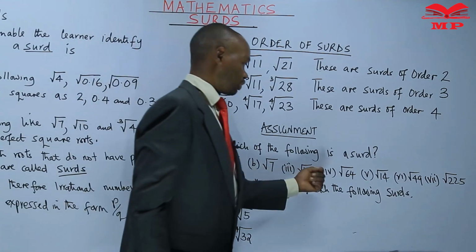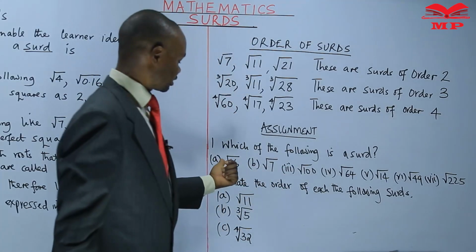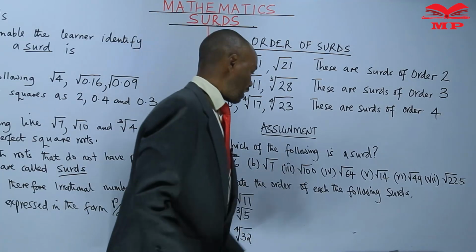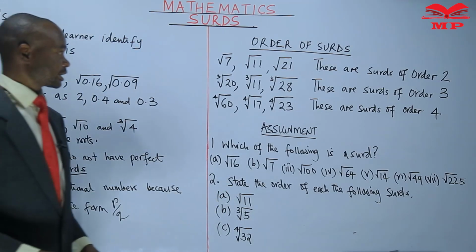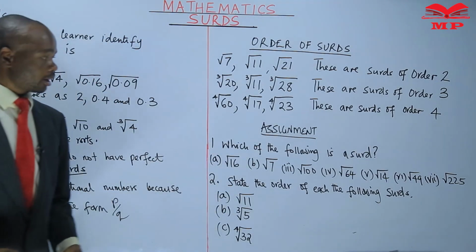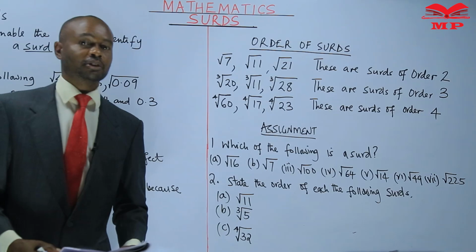If it is a surd, you write surd. If it is not a surd, you write not a surd. In the second one, state the order of the following surds. You just learned about the order of surds.